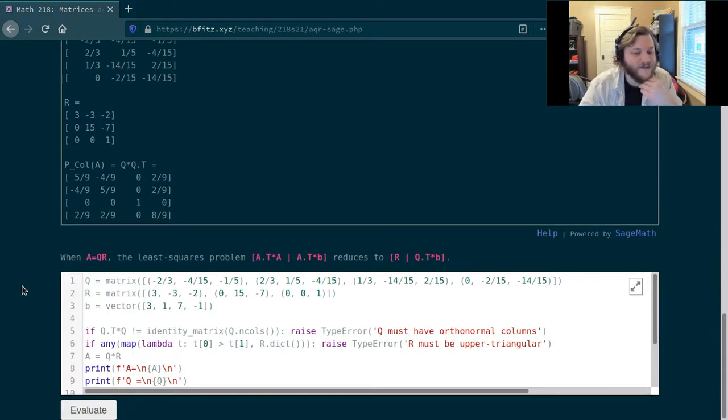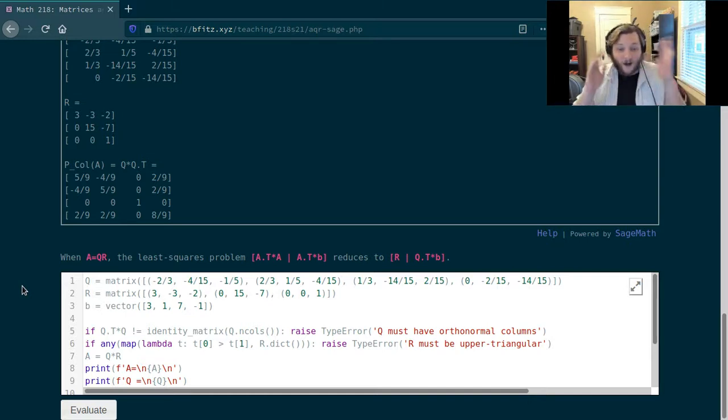And then the second reason that I've argued that QR factorizations are useful is because they simplify least squares problems. Normally, the least squares problem is Gramian of A times x hat equals A transpose times b. But when we have a QR factorization, the least squares problem simplifies to R times x hat equals Q transpose times b.